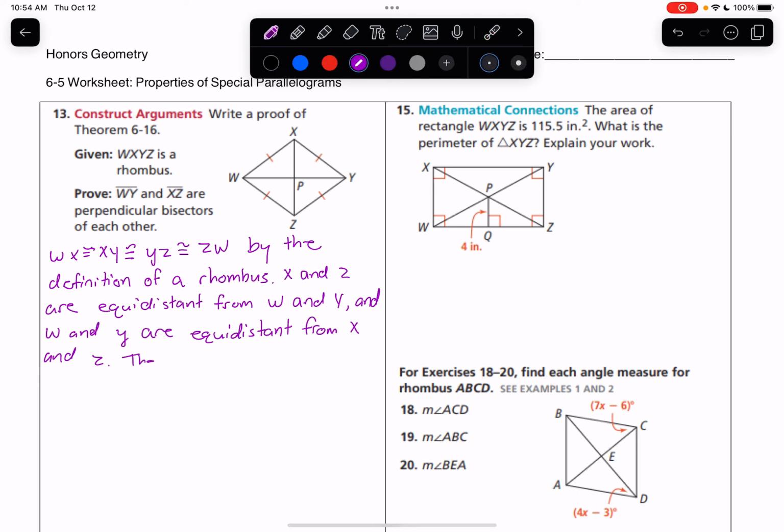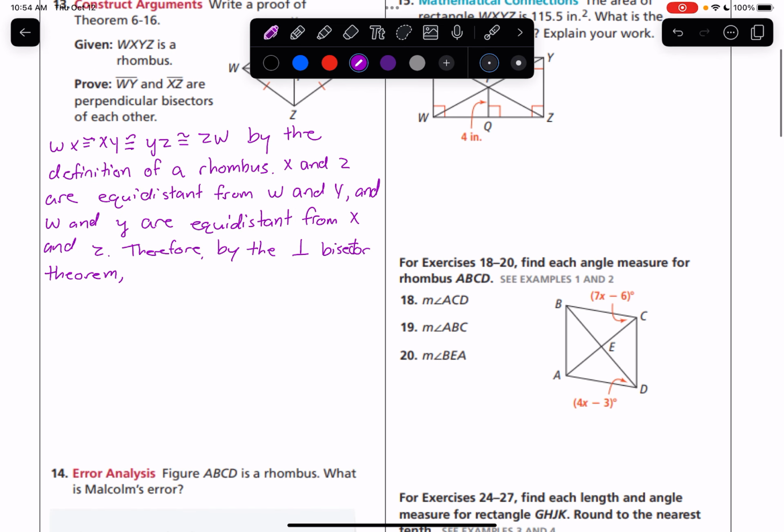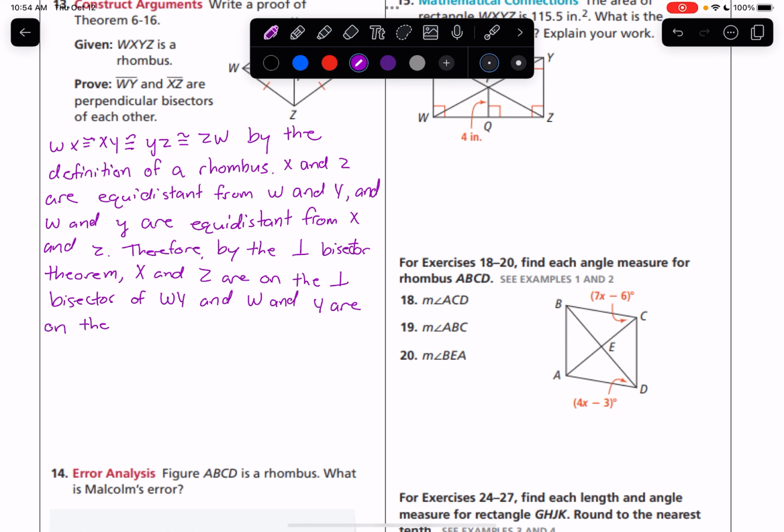So therefore, by the perpendicular bisector theorem, I know that X and Z are on the perpendicular bisector of WY, and the opposite, W and Y are on the perpendicular bisector of XZ. So both of those are true.